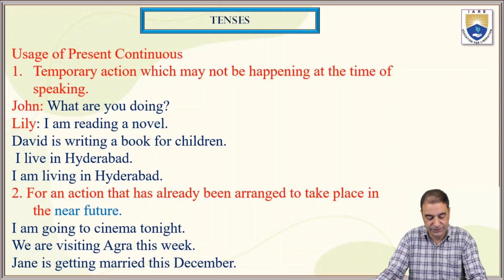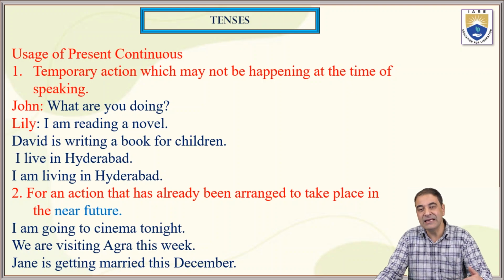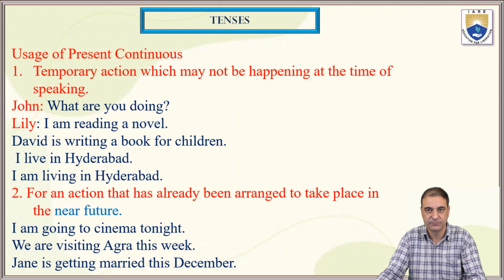For example, look at this conversation between John and Lily. John: What are you doing? Lily: I am reading a novel. Now look, when Lily says, I'm reading a novel, at the time of saying these words, she's not actually reading a novel. In fact, she's just giving a reply to John.